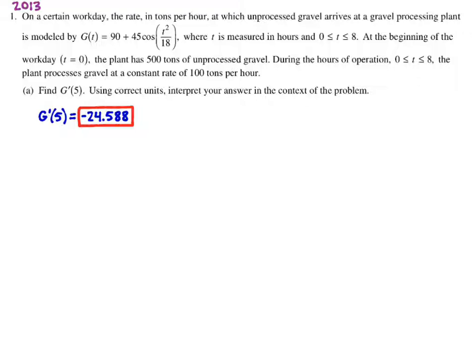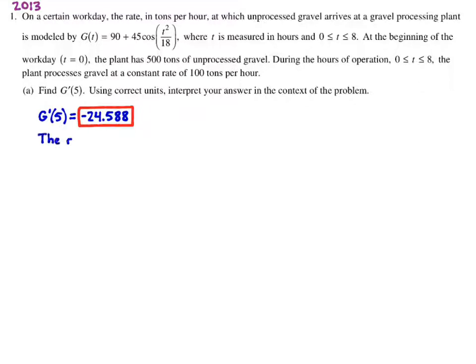Okay? So this is, if it was particle motion, it would be an acceleration. But we don't use the word acceleration because we're not talking about movement of objects here. We're talking about the amount of gravel being processed. So we would say this, since G is a rate, G prime is a rate of a rate.